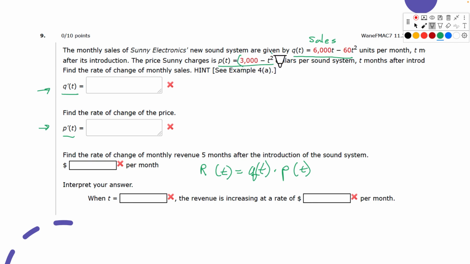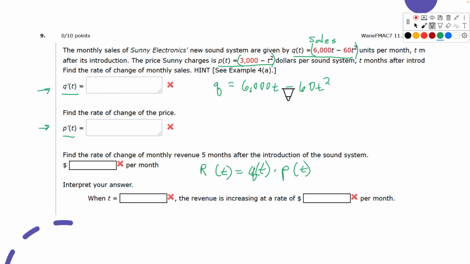Here's P, here's Q. But to get the rate of revenue, we need to use the product rule. So Q prime, right, we're up here. In fact, I like to write them close to each other. But as you see, when I copy things, I have to be more careful because sometimes that's where my errors come in.